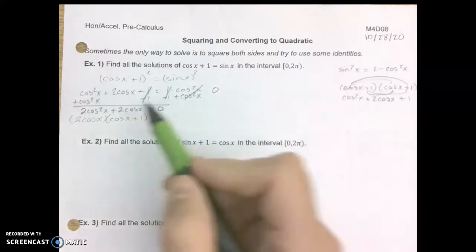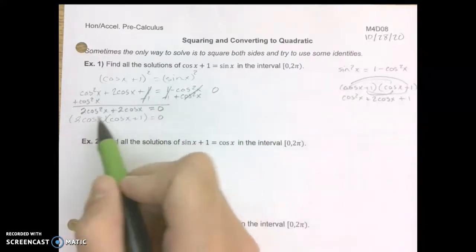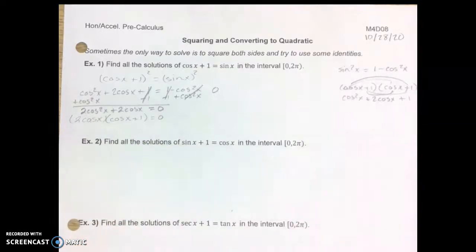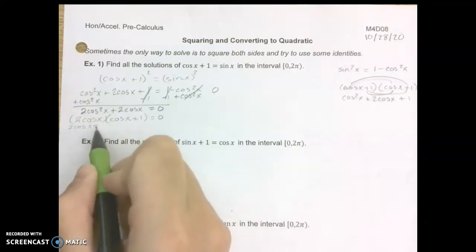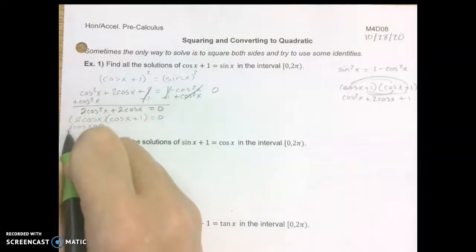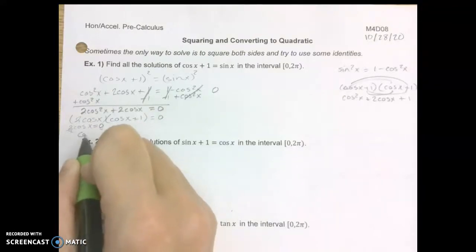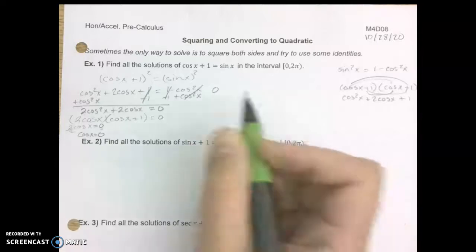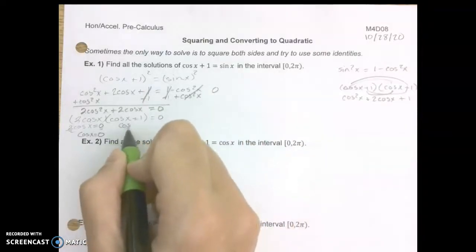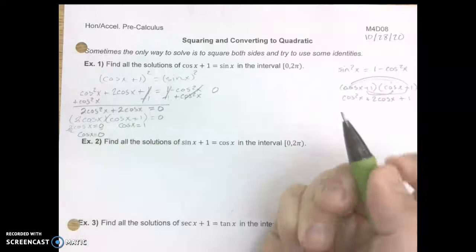The next thing I want to do is set each of these factors equal to 0, like we did the other day. This will be 2 cosine of x equal to 0. Divide by 2, and cosine of x is equal to 0. This one will be cosine of x is equal to 1.